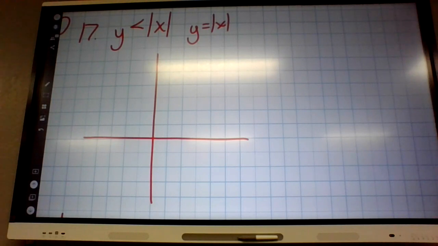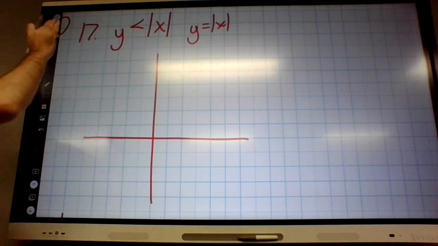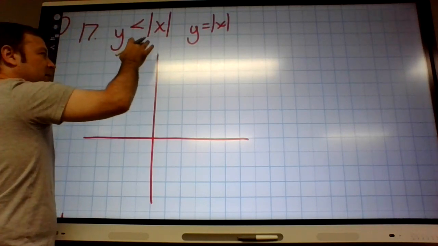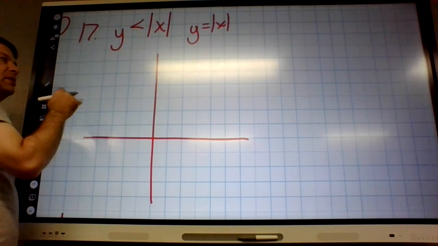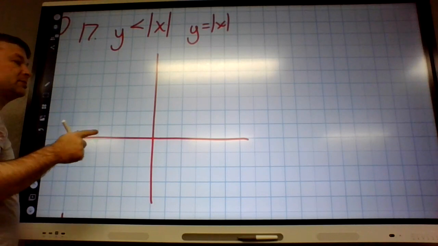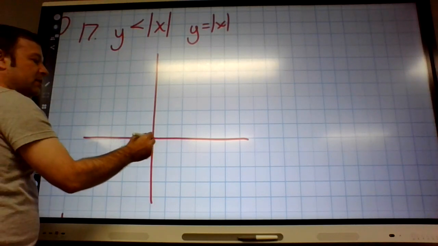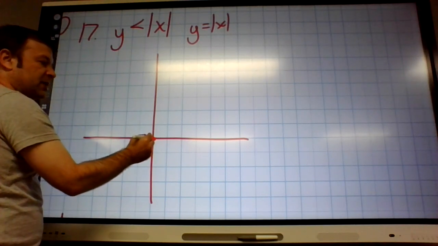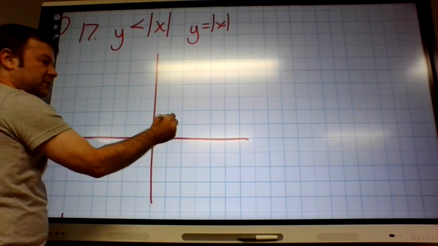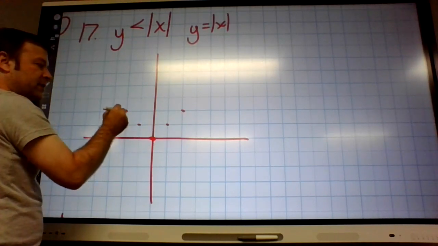A V, right? So it's just going to be a V. I'm not going to plug in -2, -1, 0, all that stuff. I'm just going to draw a V. It'd be a 0, 0, the vertex, and then it just goes up like this, right? Perfect diagonals.